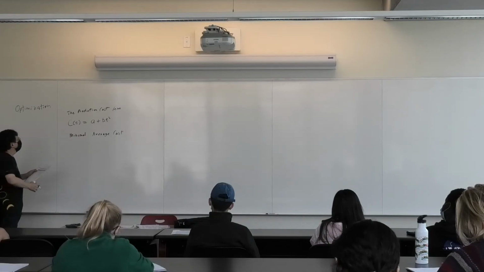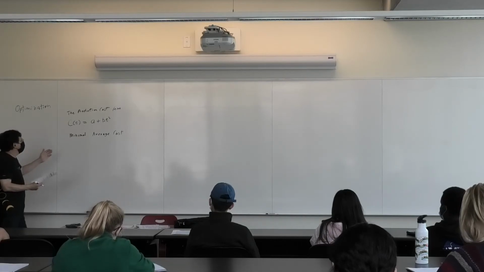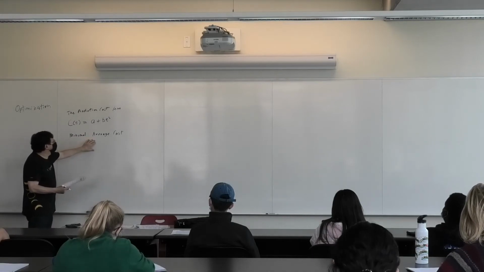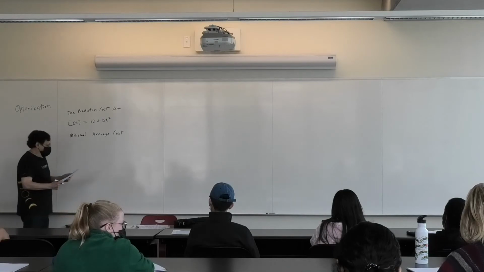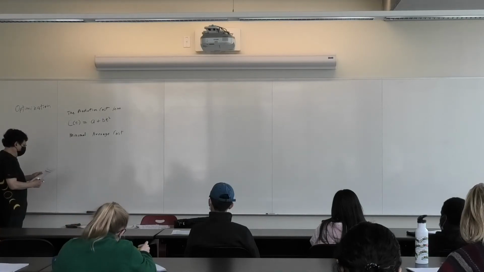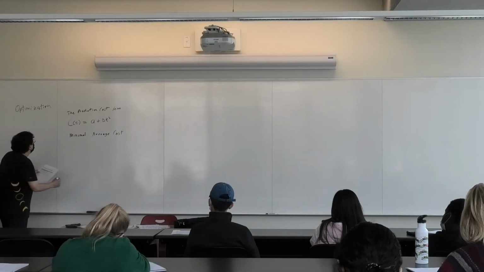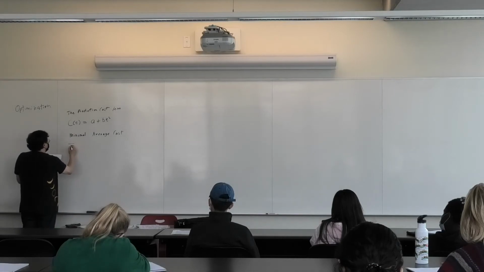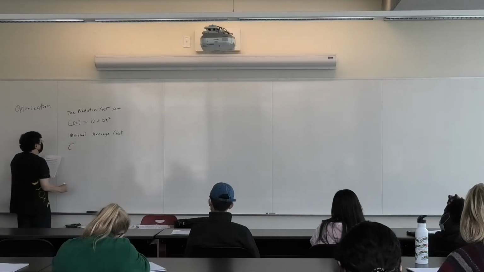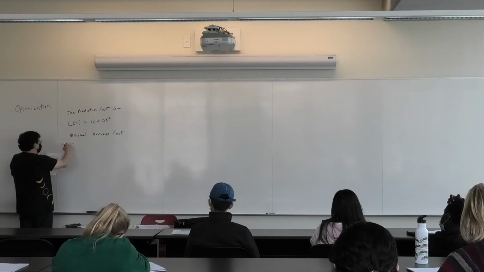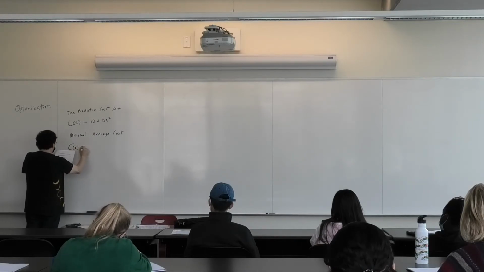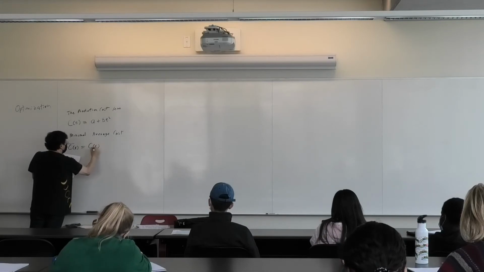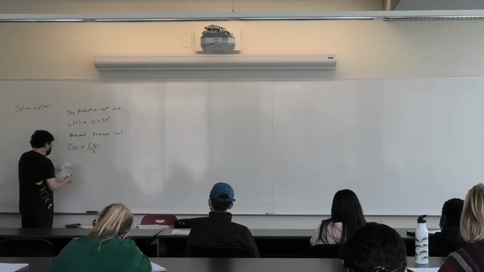Average cost is the cost per unit. They use the syntax where the little bar means the average. So the average cost is the cost over the number of units.